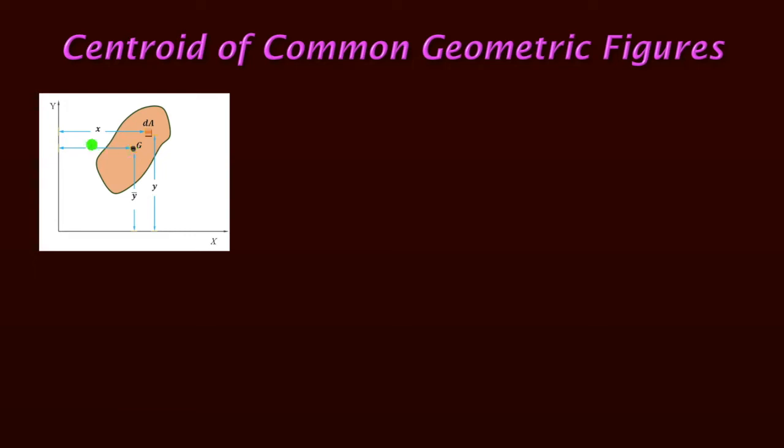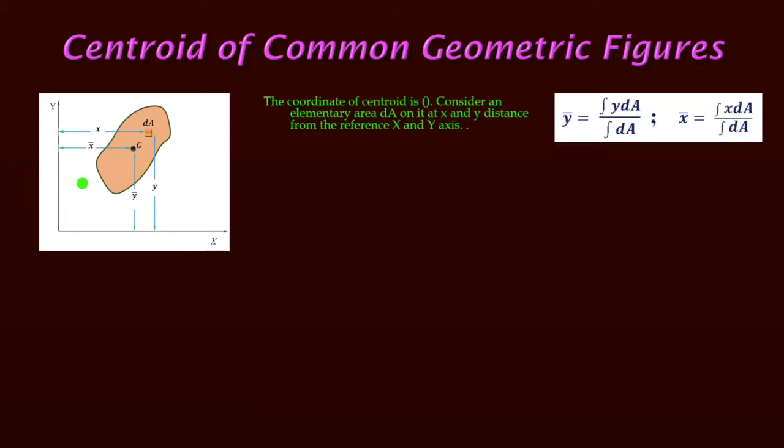What's the formula to find the coordinates of the centroid? The formula is y bar equals integration of y dA divided by integration of dA, and x bar equals integration of x dA divided by integration of dA.